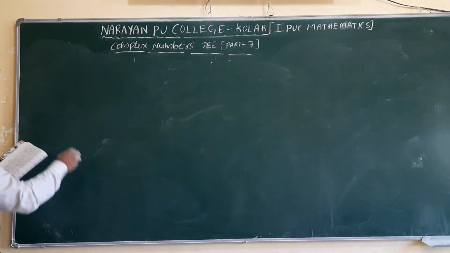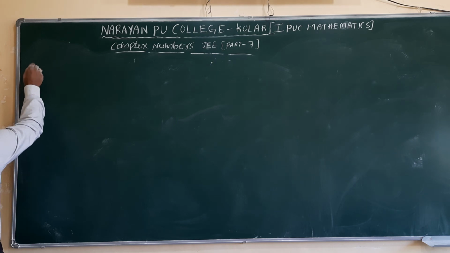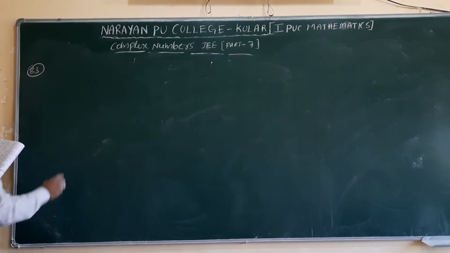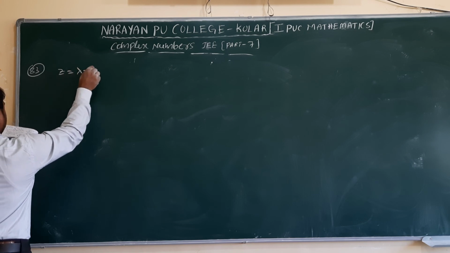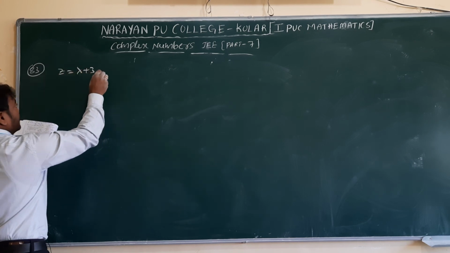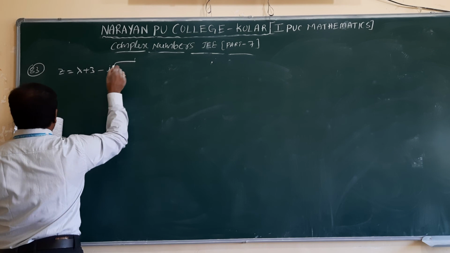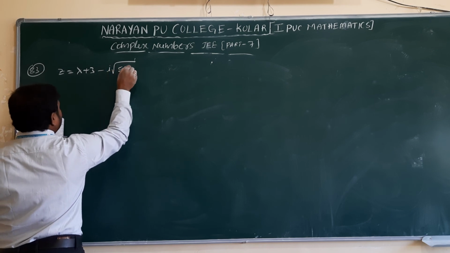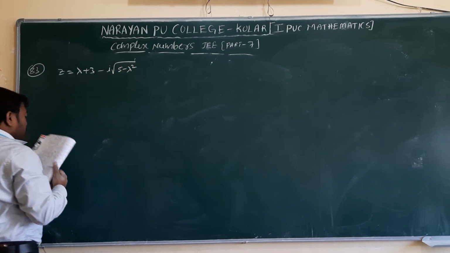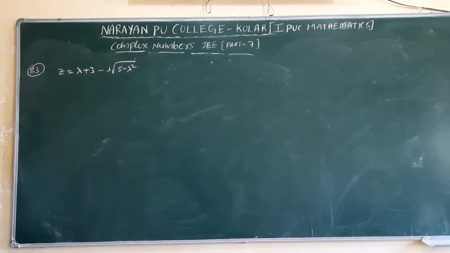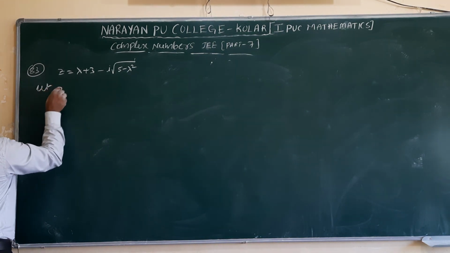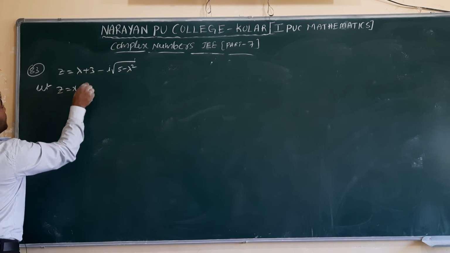Question number 83. z is equal to lambda plus 3 minus i into square root of 5 minus lambda square. Then the locus of z is... Let z is equal to x plus iy.